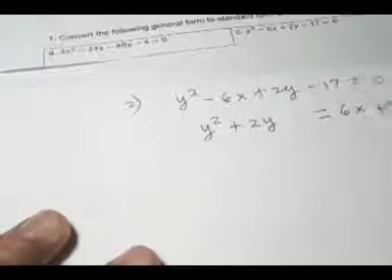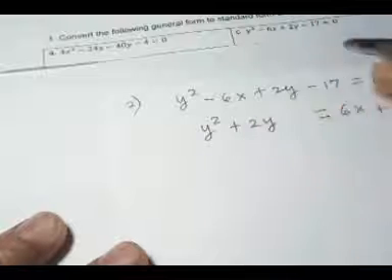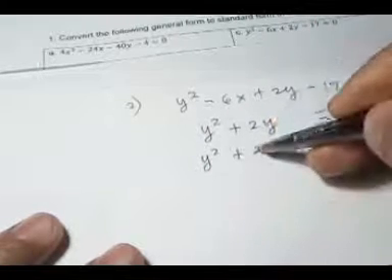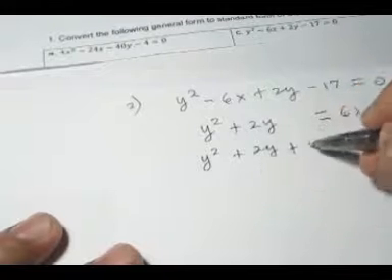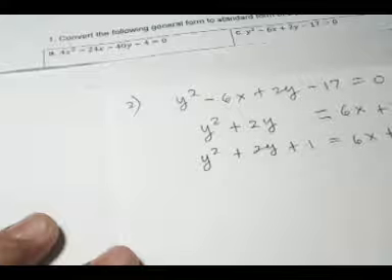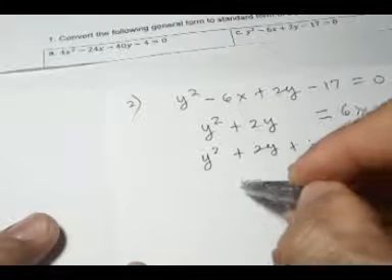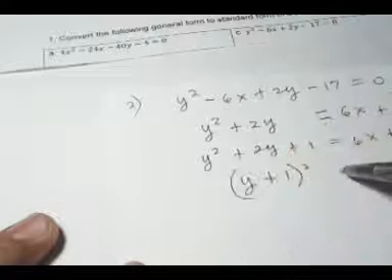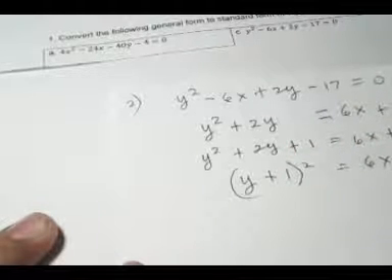Next, complete the square of the left side. So y square plus 2y plus, so 2 divided by 2 is 1. 1 square is 1 equals 6x, 17 plus 1. So this becomes a perfect square. Y plus 1 equals 6x plus 18.